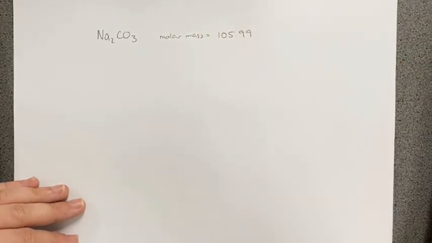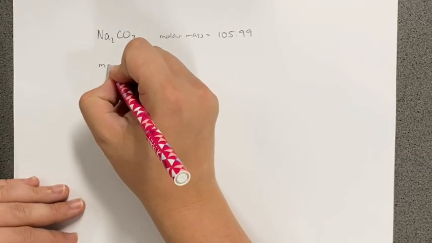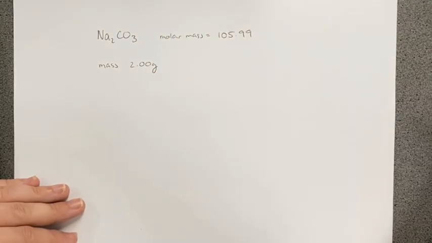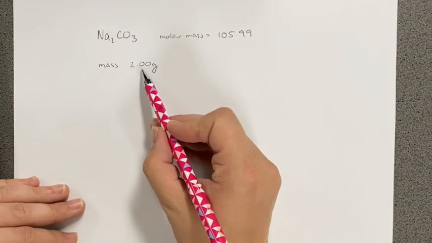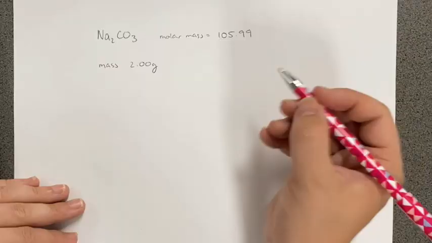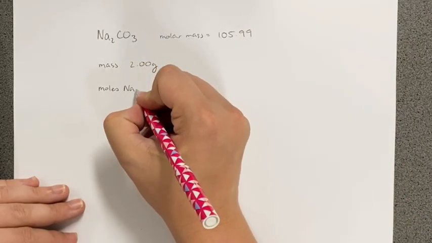Okay, and we get that just straight from our periodic table. And we measured, when we were preparing our primary standard, 2.00 grams of that sodium carbonate. So from that, we can now determine how many moles we have, because we've got the mass and we've got the molar mass.